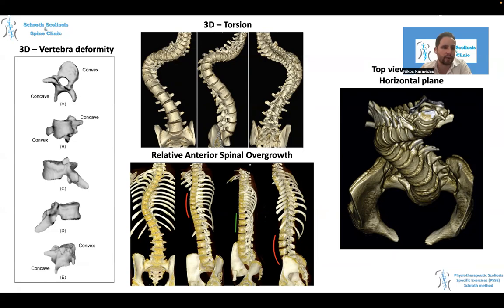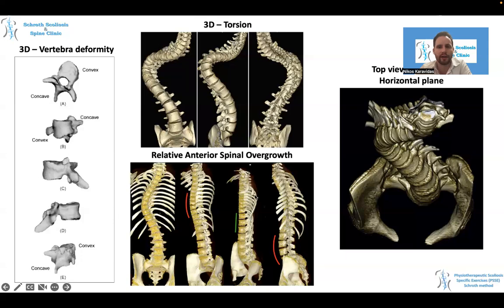And we also have ventral faster growth of the vertebra and disc. So we have the so-called relative anterior spinal overgrowth, which was found to be a mechanism that is accompanying the 3D torsion of the spine.